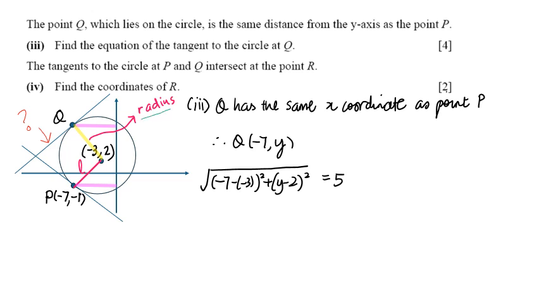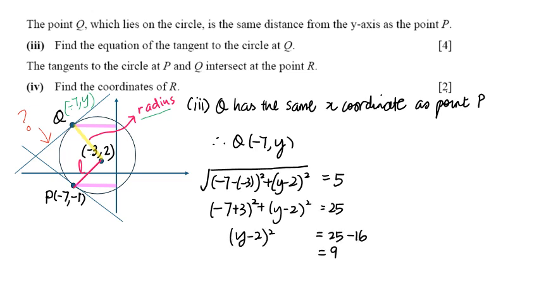This is your radius, right? So your point Q is (-7, y). Using the distance formula: the square root of (-7 minus 3) squared plus (y minus 2) squared equals the radius, which is 5 units, right? So you square both sides.